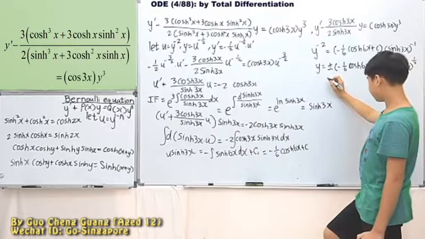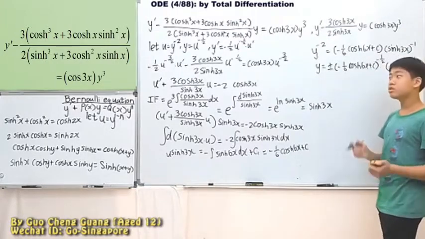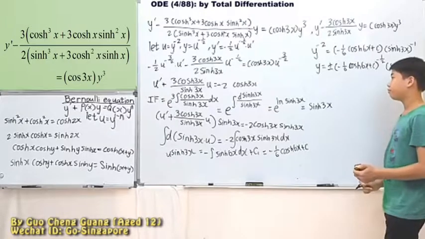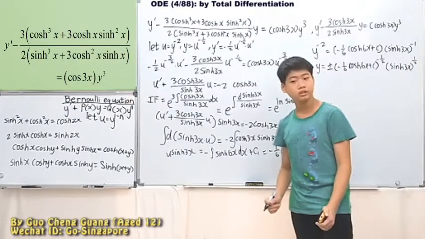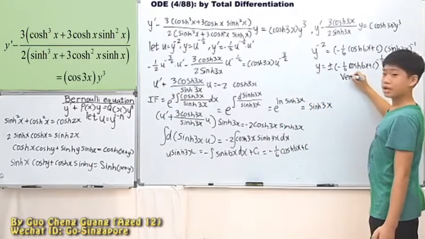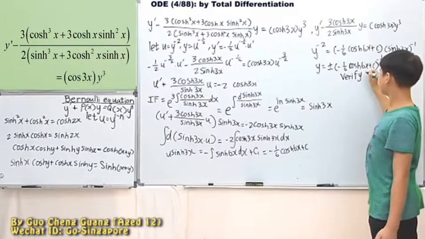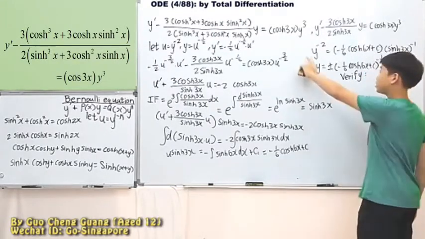Then from here, what next? You already got your y. Since you already got your y, but are you really sure that this y is the correct solution? How about let's verify it? Okay, let me show you this way of verifying. Wait, just straight away use this part.